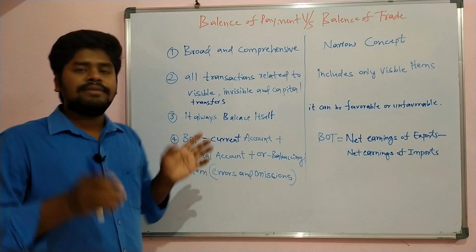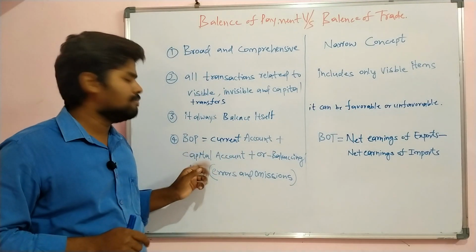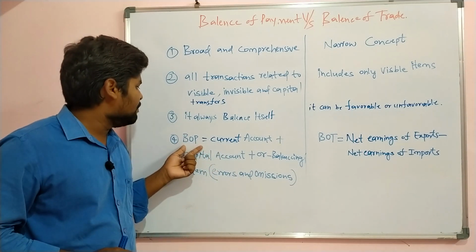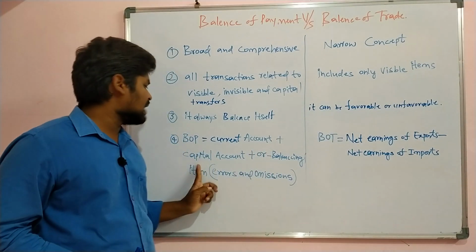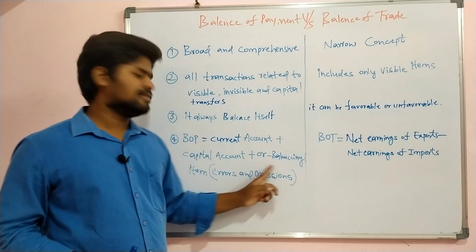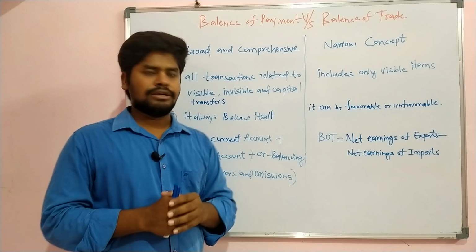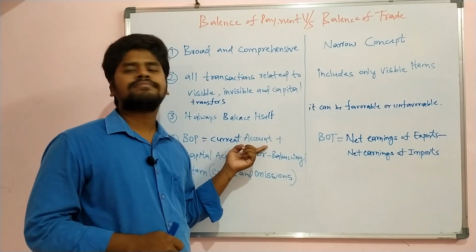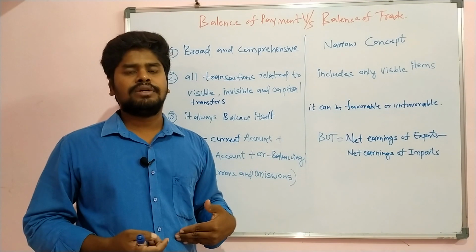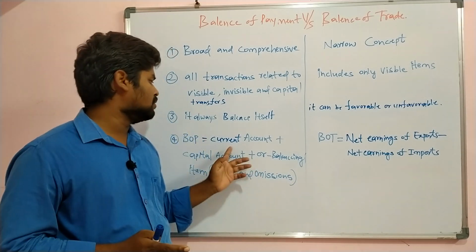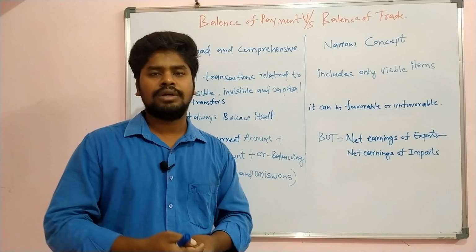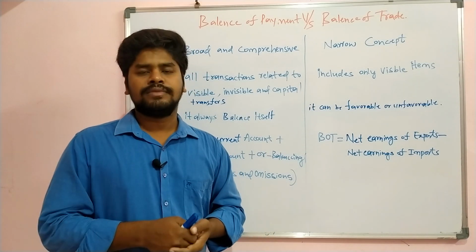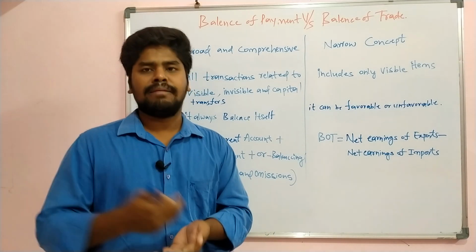Right, so in a very clear manner, we'll try to understand with the help of this equation. BOP, balance of payments, equals current account plus capital account plus balancing item, errors and omissions, right? Current account means whatever items we add in the current account, and capital account covers things like repayments and sale of gold, right?